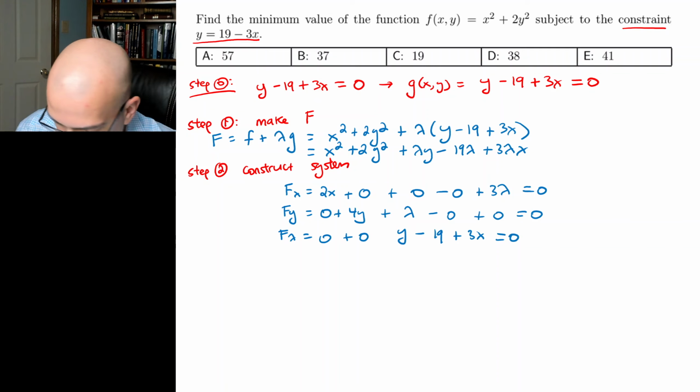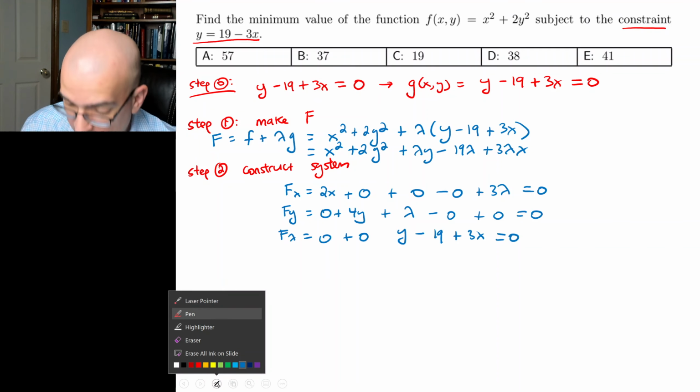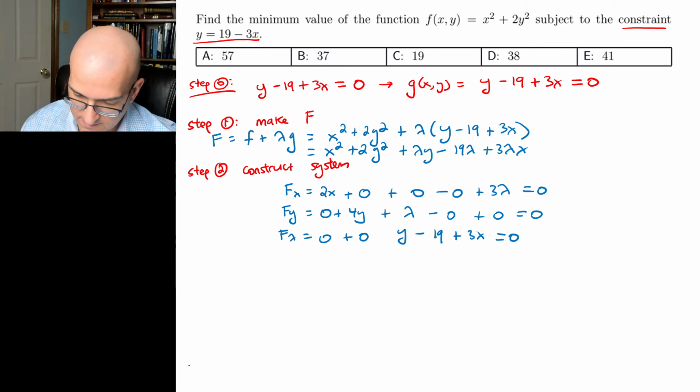Okay, I'm going to isolate the first equation for lambda. So 2x is equal to negative 3 lambda. That means x is equal to negative 3 lambda divided by 2.